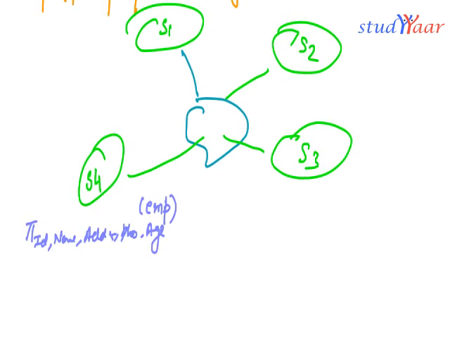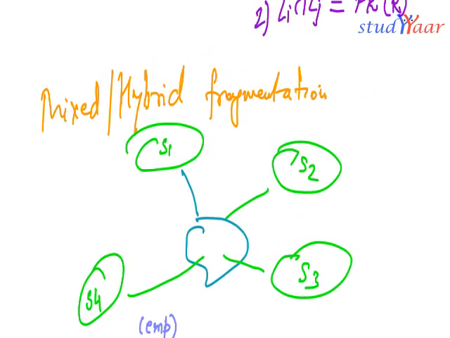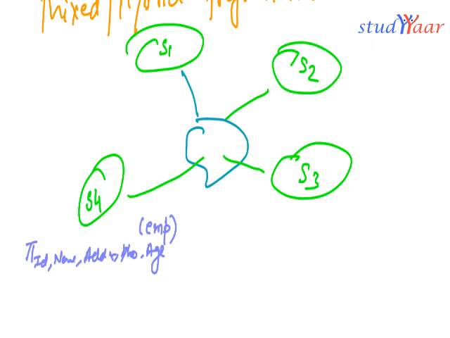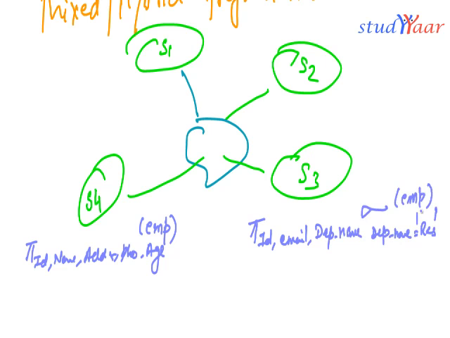Now what we are going to do is, I am going to distribute the official details based on departments. So at S3 I am going to project ID, email, and department name, where department name is equal to research, from employee, right?